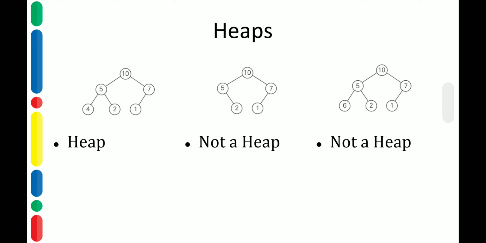If you look carefully, you will see that there is a parent node having the value 5 which has a child node whose value is 6. So in this case, the parent is not larger than its child, and hence the parental dominance property is violated, because of which even the third graph does not qualify as a heap.